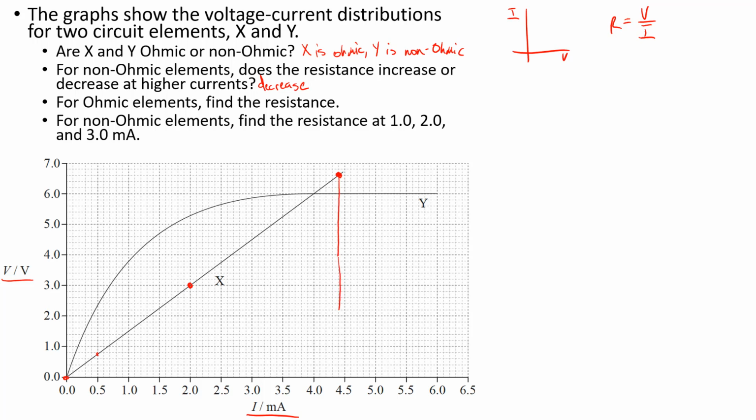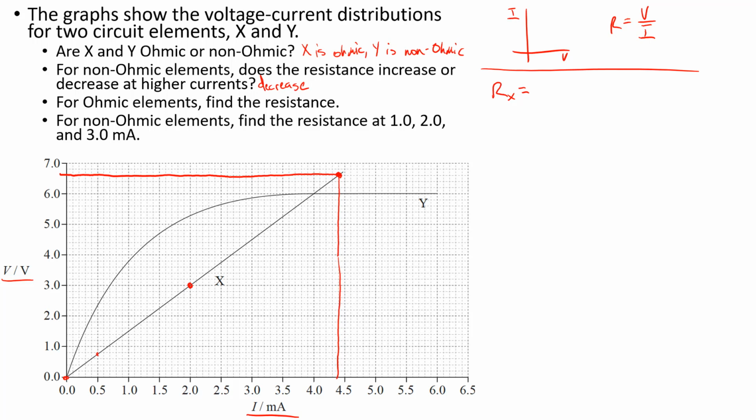And figure out what the current is and what the voltage is. So the resistance of X is going to be the voltage over the current.